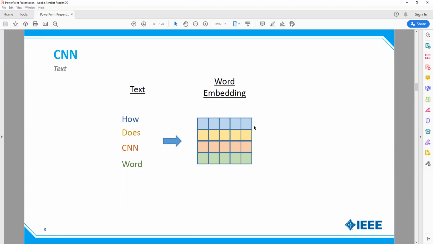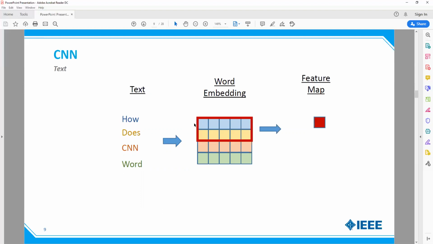So we can think of this as a grayscale image, where an image is really just a matrix.